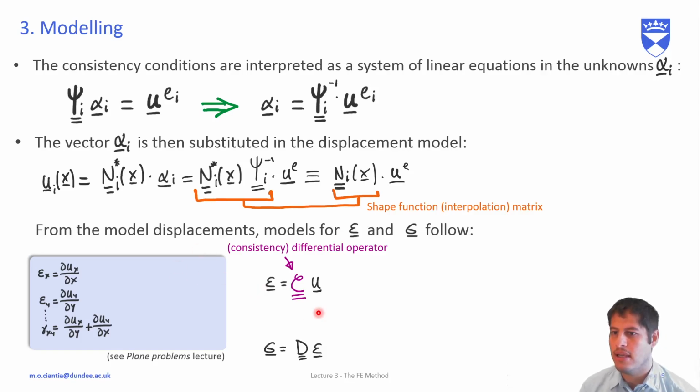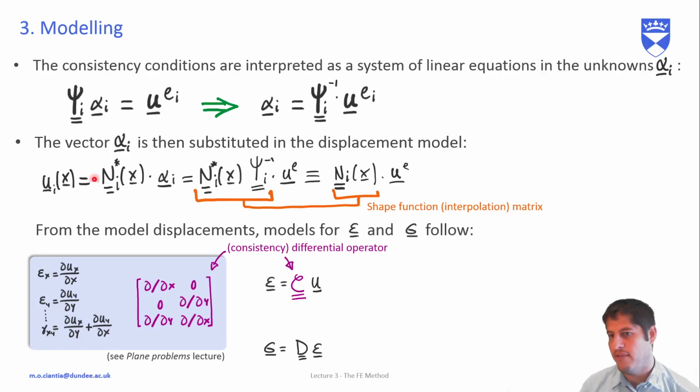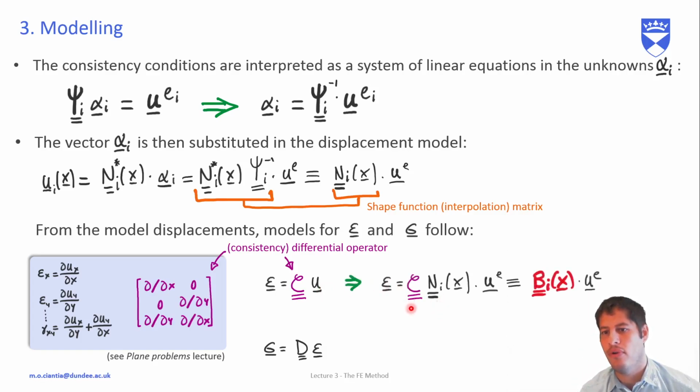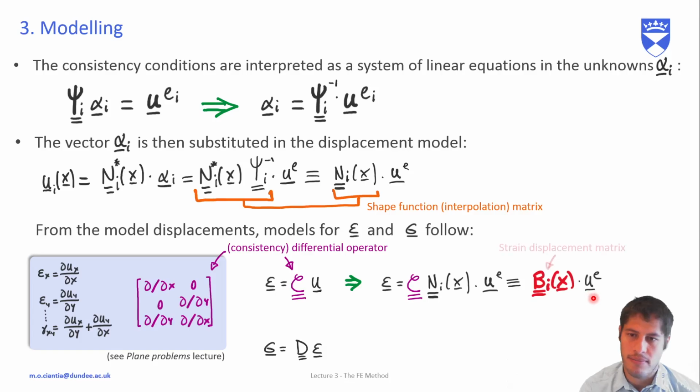So epsilon is equal to the operator times u, and this differential operator in 2D is represented here, but we now have a model for u. If we substitute the model for u, that is u equals the shape function of element I times the nodal displacement vector, then we see that the strains inside our element are a function of a B matrix times the nodal displacement vector.